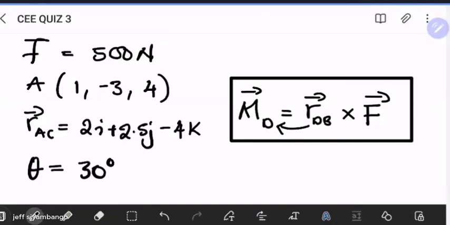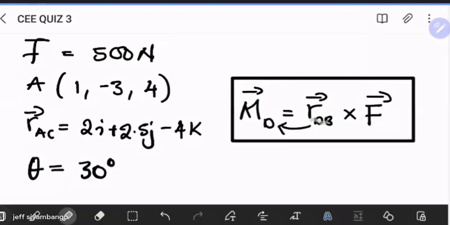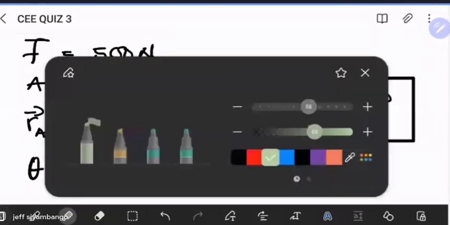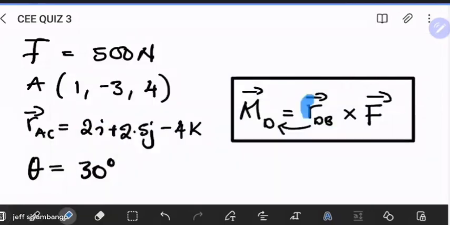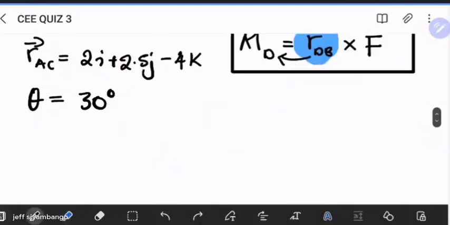Now, how do we solve this question? Clearly all we need is to perform a cross product here. But for the cross product to work, we must first find the two parts, the displacement vector RDB and the force vector F. So let's start with the displacement vector RDB. How do we get RDB?